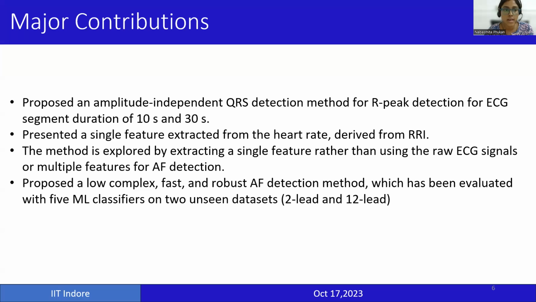And third, we have proposed a low-complexity, fast, and robust AF detection method, which has been evaluated using 5 machine learning classifiers and on 2 unseen datasets of different lead configurations, 2 lead and 12 lead.